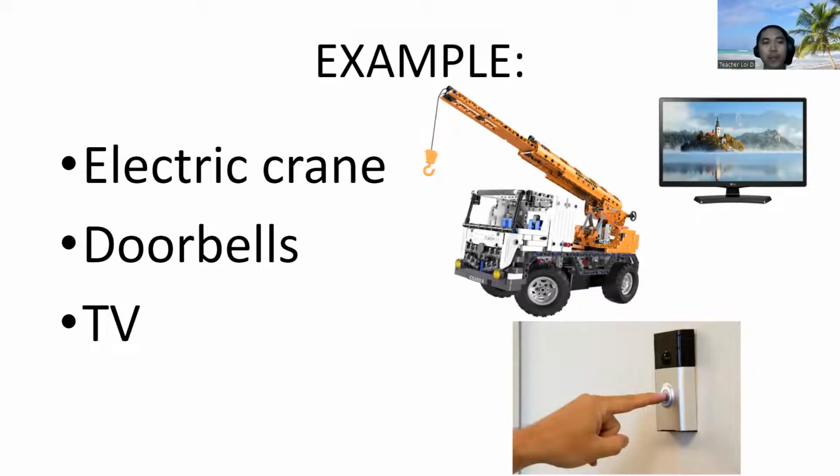These are electric crane, doorbells, and TV. So yan ay may mga magnets yan, or it is composed of electromagnets. May mga parts sila na may electromagnets dyan.